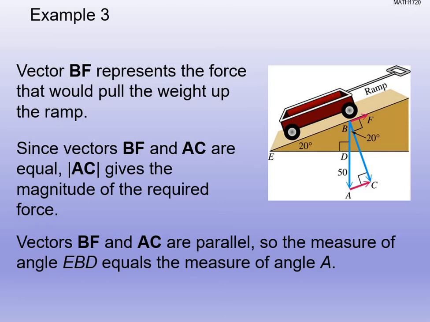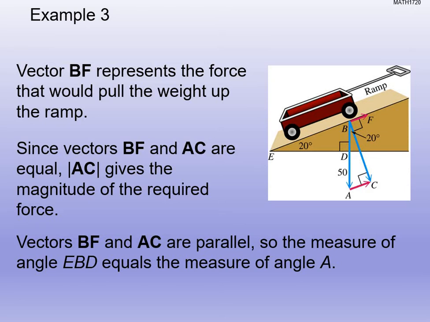So that tells us that the measure of angle EBD equals the measure of angle A. Because why? We have two parallel lines cut by a transversal. The transversal is BD. So with two parallel lines cut by a transversal, alternate interior angles are equal.